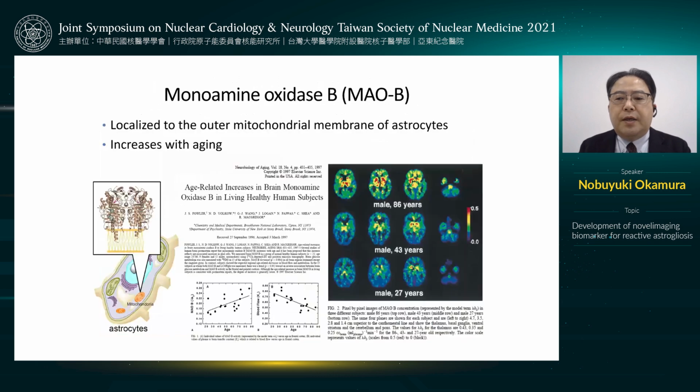Monoamine oxidase B is mainly located in the outer mitochondrial membrane of astrocytes. And previous studies have shown the age-related increase of monoamine oxidase B density in the brain.